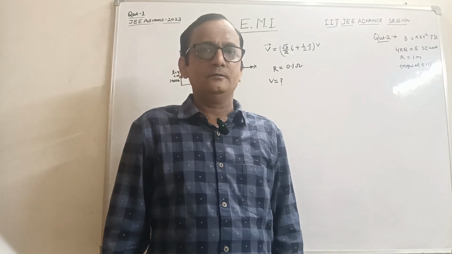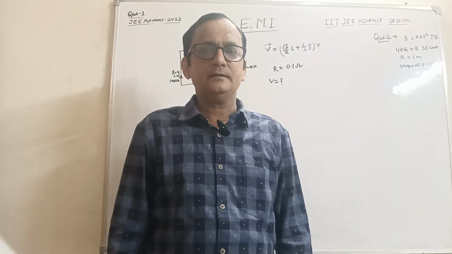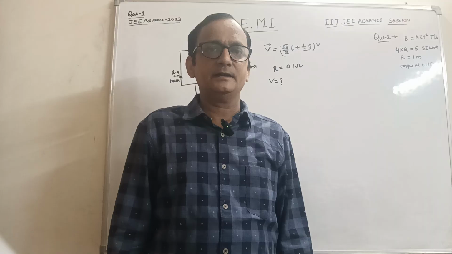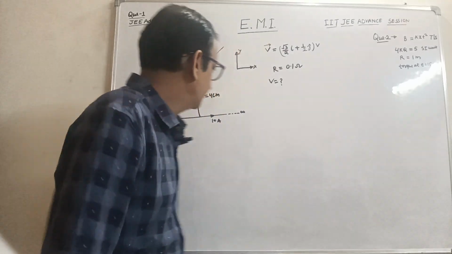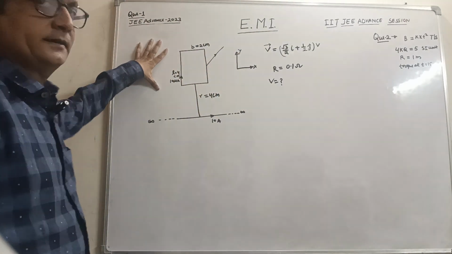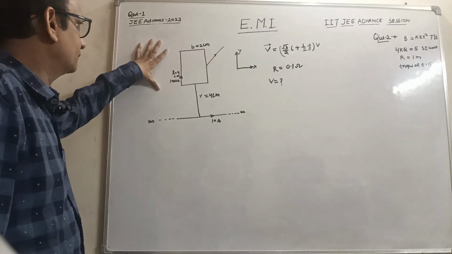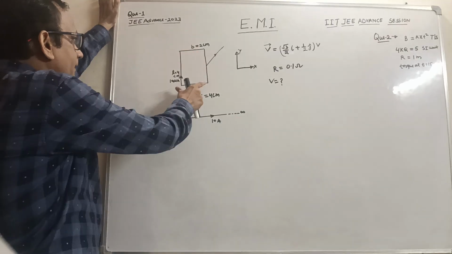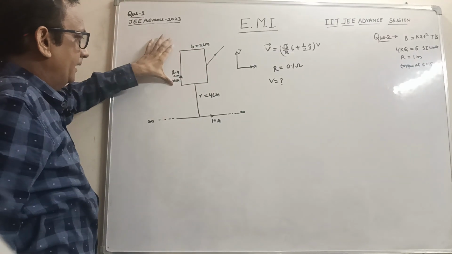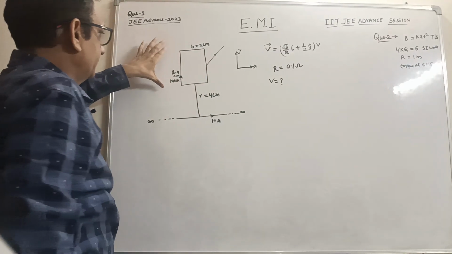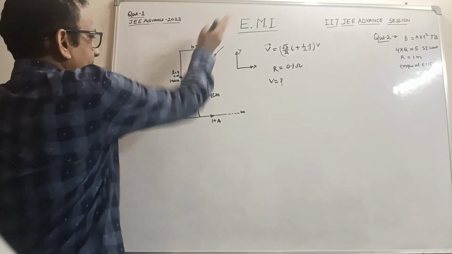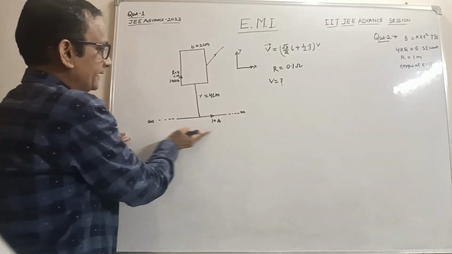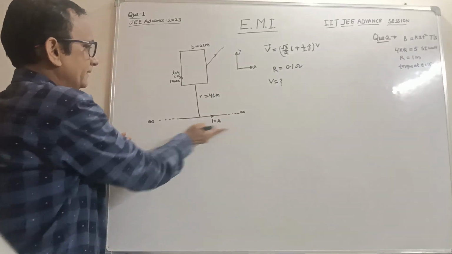Hello student, today we are going to discuss a relevant problem about electromagnetic induction. This problem was asked in JEE Advanced 2023. In this problem, a rectangular loop is moving, and there is a very long wire with 10 ampere current flowing in it.